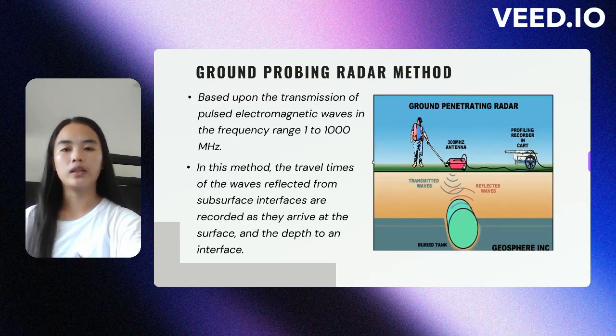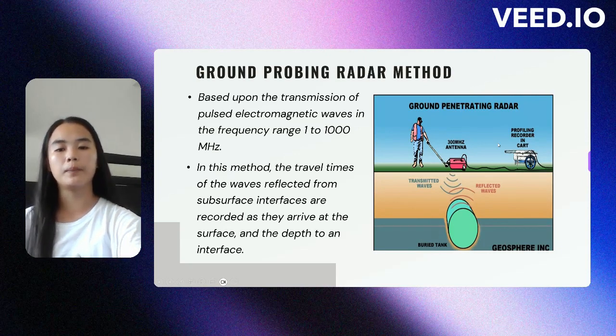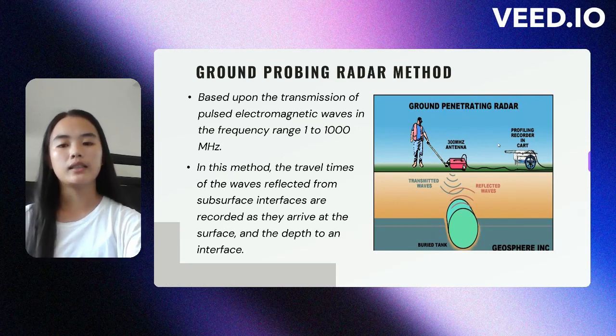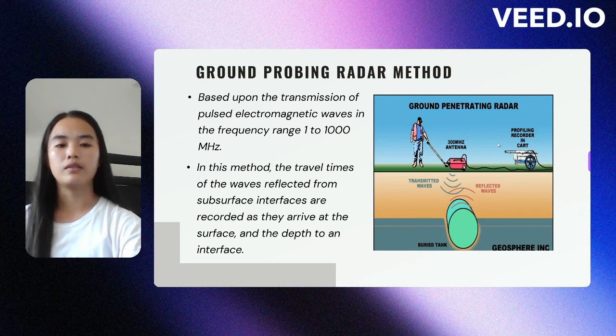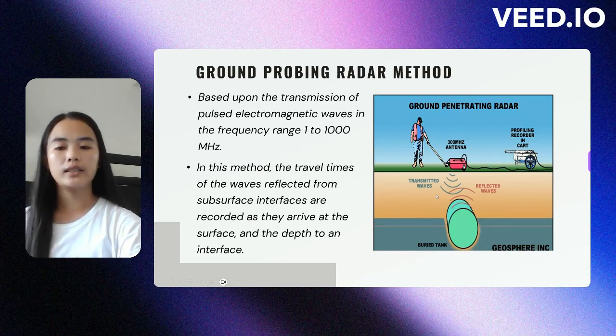Another method for electromagnetic is the ground probing radar method, based on the transmission of pulsed electromagnetic waves in the frequency range 1 to 1000 MHz. In this method, the travel times of the waves reflected from subsurface interfaces are recorded as they arrive at the surface, giving the depth of the interface.